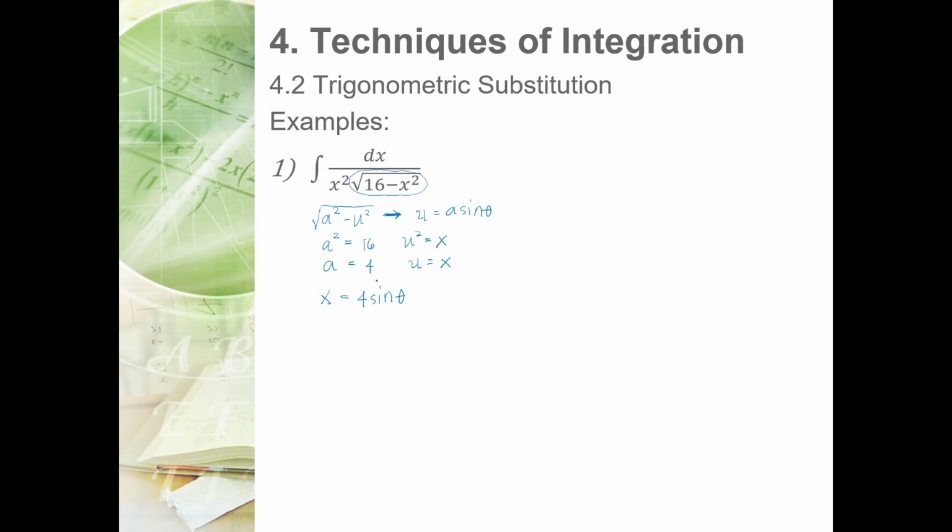So this is where we get our derivatives. Notice that we have dx, right? So we're going to get dx from the substituted formula. This one, dx. So dx is equal to 4 cosine theta.